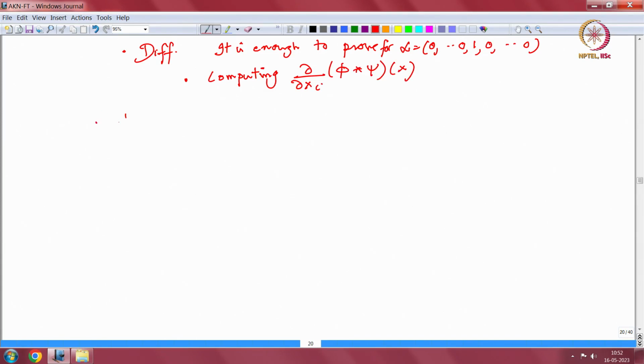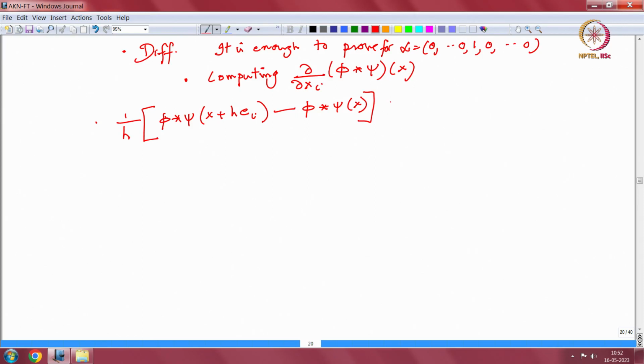So, for h small, compute 1 over h times phi star of psi at x plus h e_i, minus phi star of psi at x, and then you have to see h tends to 0.